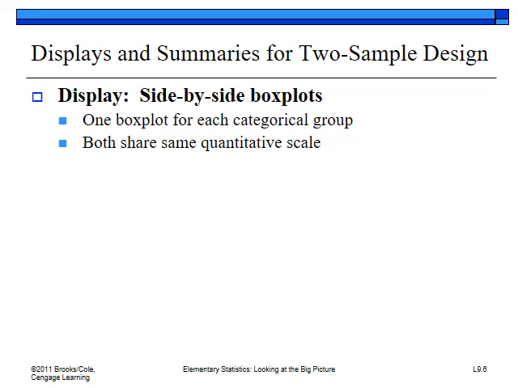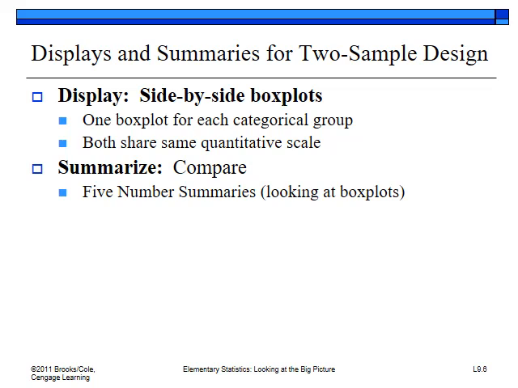In order to make the comparison, we want to make sure that both are done on the same scale. These box plots will be done vertically, so the y-axis should be shared between the two box plots.